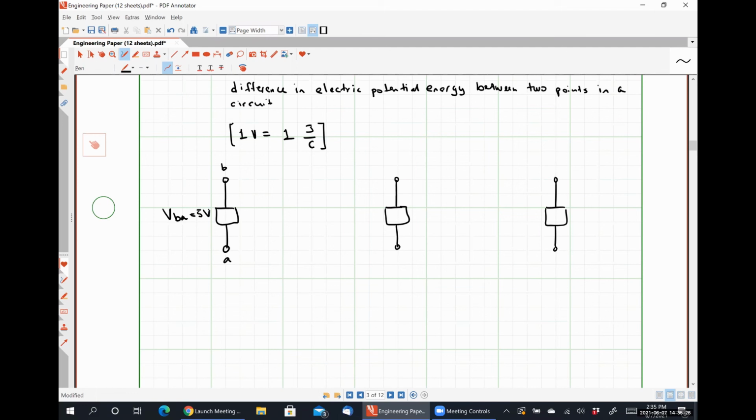So what this means is that terminal B is at a potential that is 5 volts higher than terminal A.